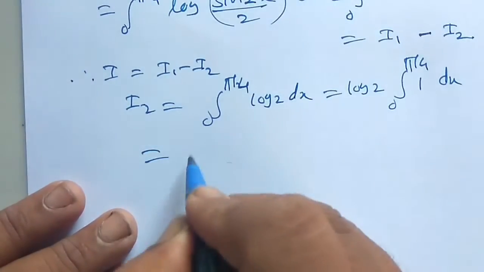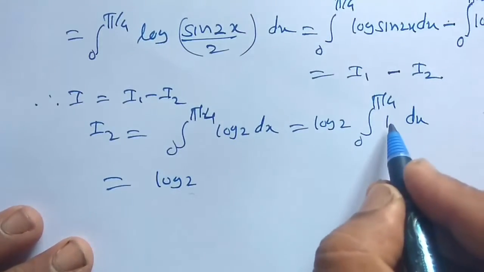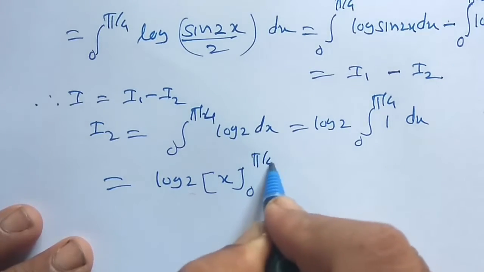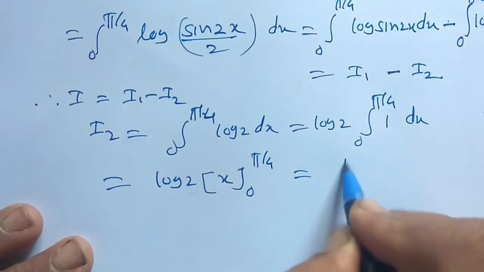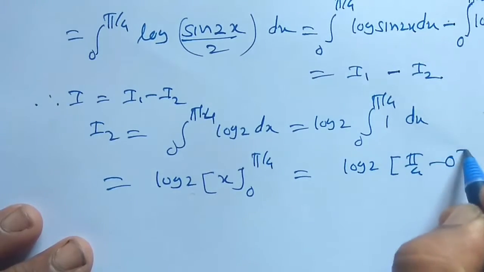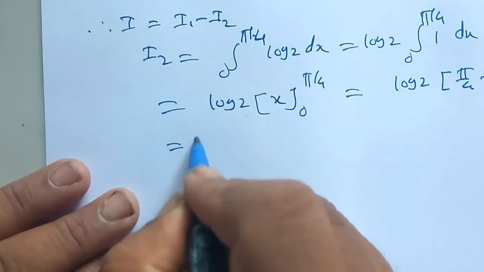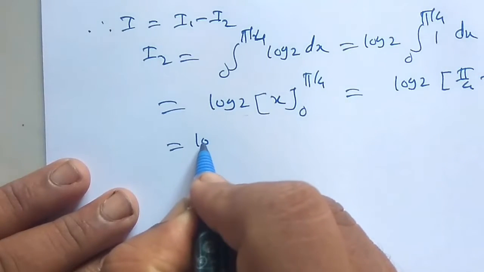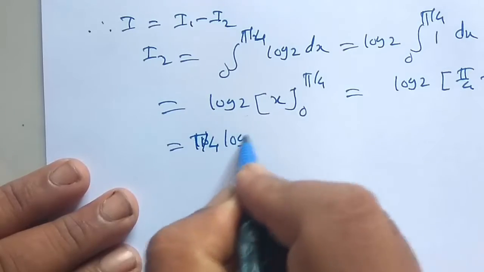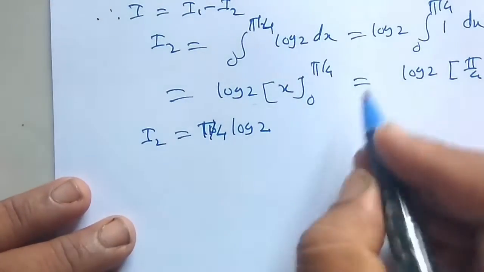It is equal to log of 2 times the integral of 1, which is x, from 0 to pi by 4. It is equal to log of 2 times (pi by 4 minus 0), and so this is equal to pi by 4 into log 2. This is I2.